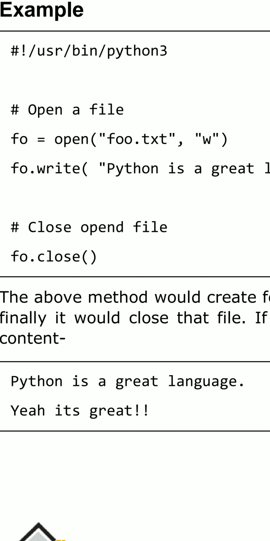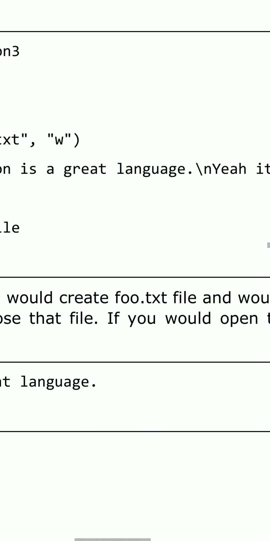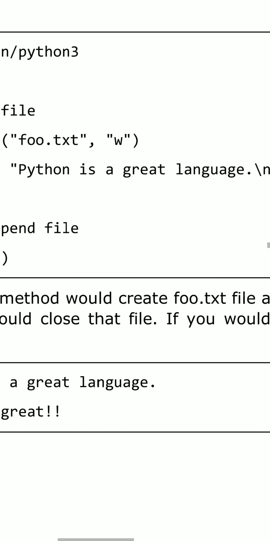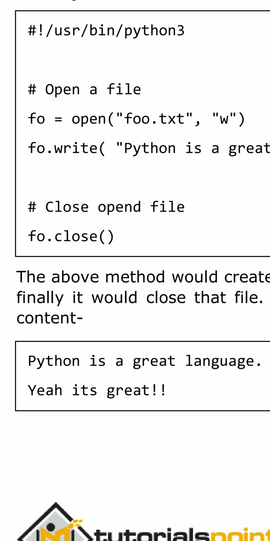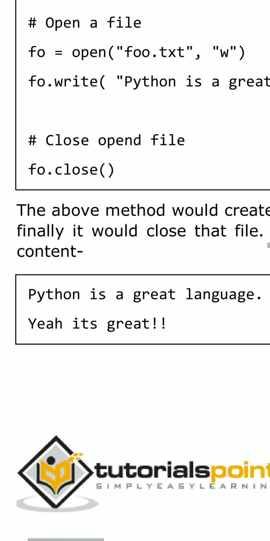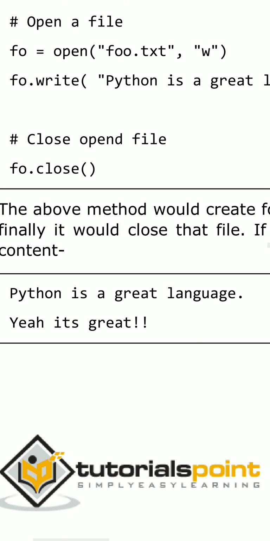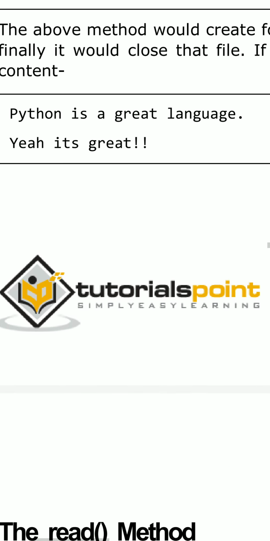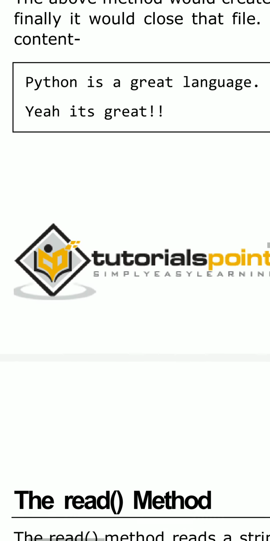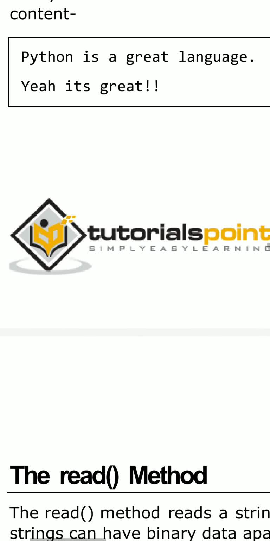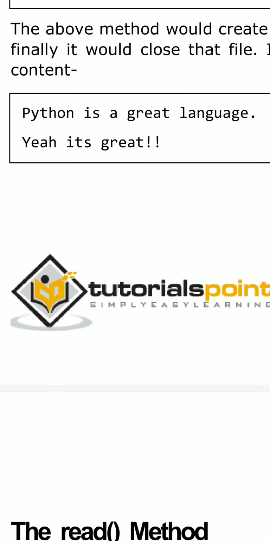I am opening the file in write mode because I have to write some text into the file. Then fo.write of something, then a print statement using the same variable, and then closing the same file. As soon as I compile and execute the code, I get the following output: Python is a great language. Yes, it's great. Why? Because I have written some lines into the file.